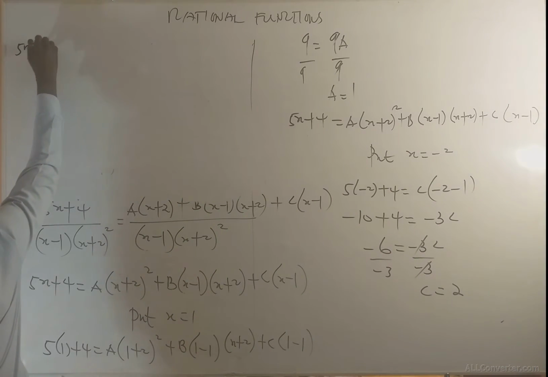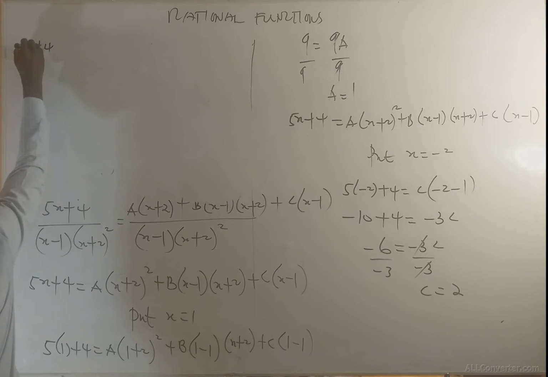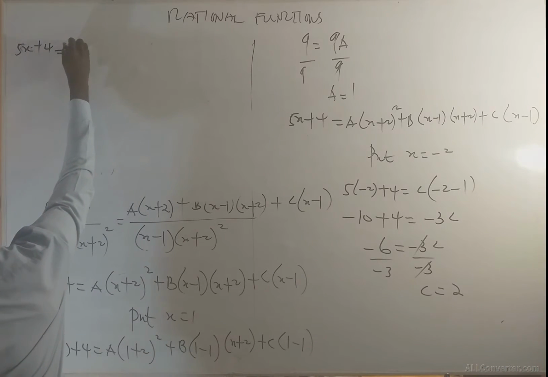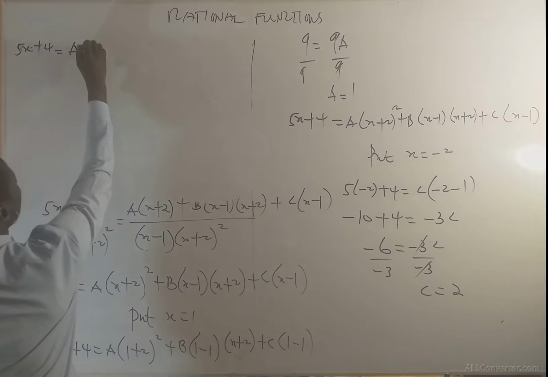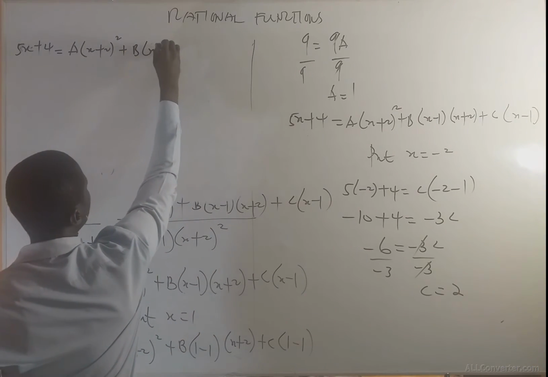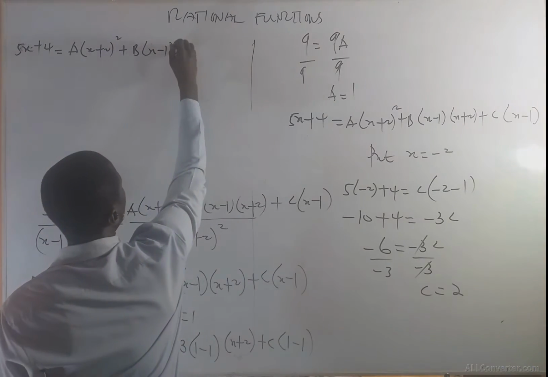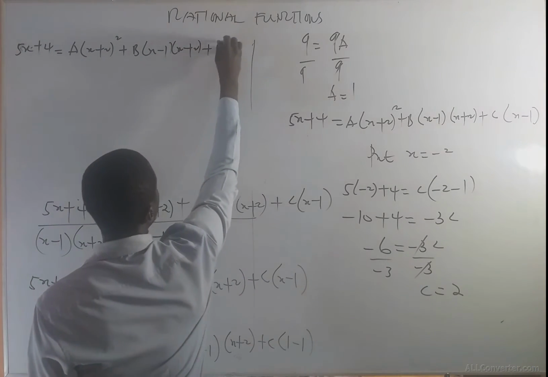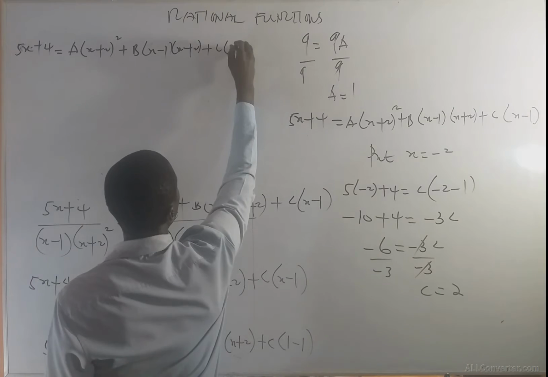The identity is 5x plus 4 is equal to a into brackets x plus 2 all squared, plus b times x minus 1 times x plus 2, then plus c times x minus 1.